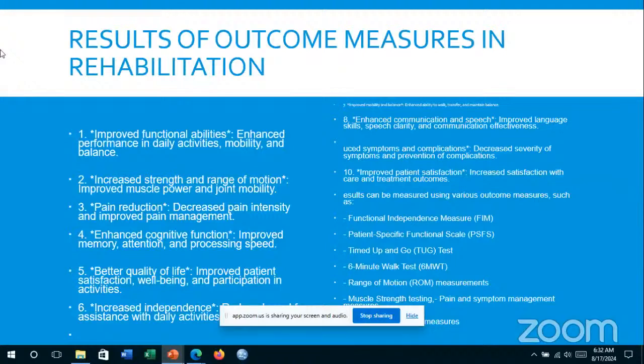So increase strength and range of improved muscle power and joint mobility. Pain reduction will be there, decrease pain intensity and improve pain management, enhance cognitive function. You can improve memory, attention and processing speed, better quality of life, improve patient satisfaction, well-being, and the like. So all this will improve patient satisfaction, increase satisfaction with care and treatment outcomes. And all these results can be measured through all that we have mentioned.